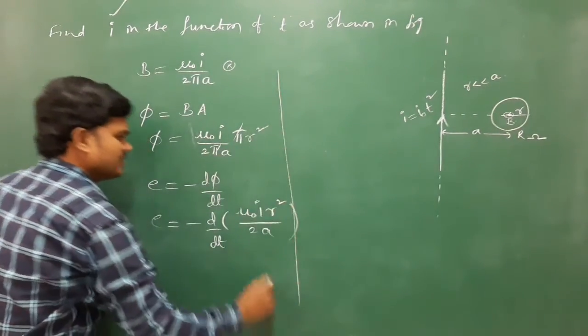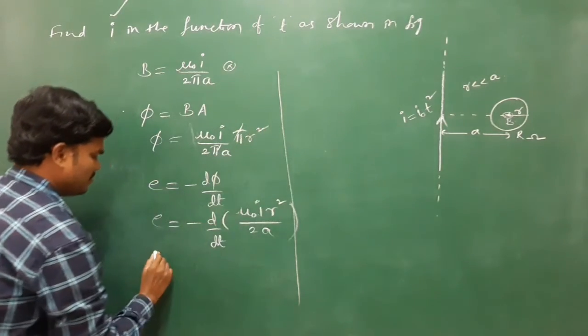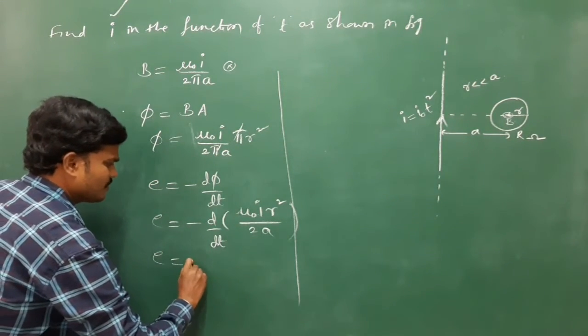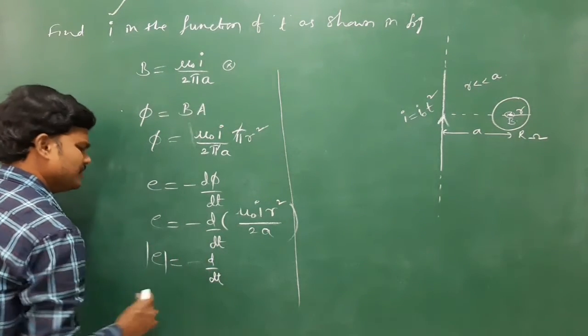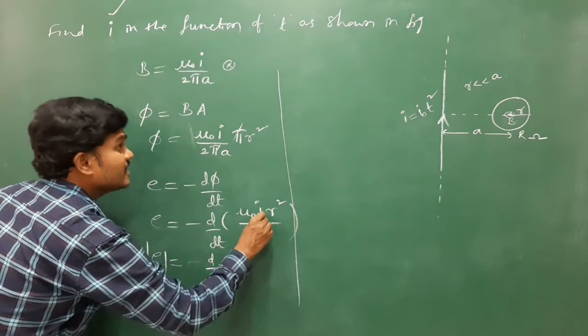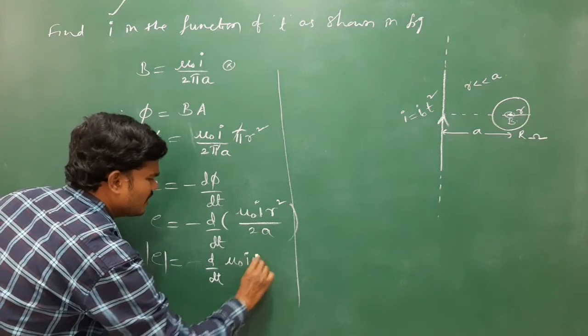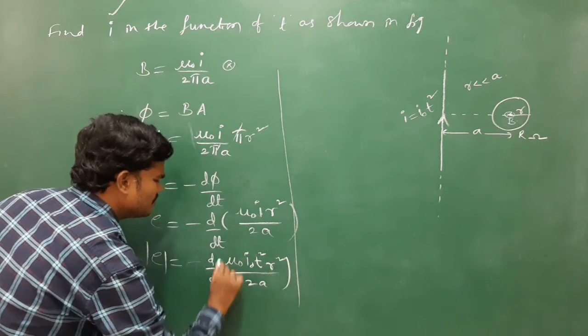Substitute this I value, I as I naught t square. So EMF is equal to d by dt of, let me take the magnitude, mu naught I naught t square r square by 2a.